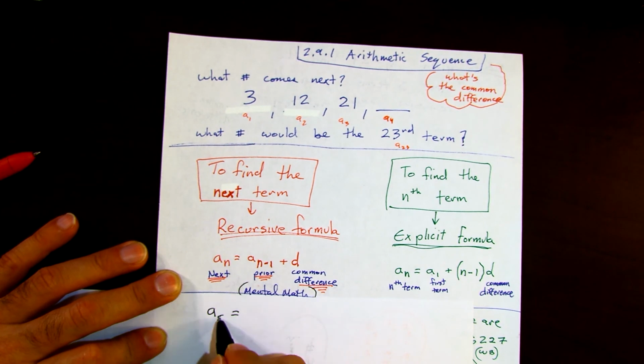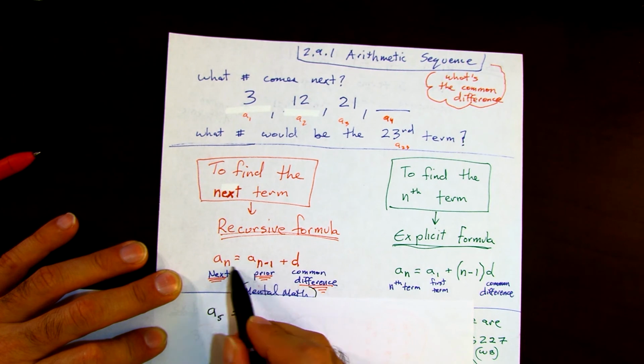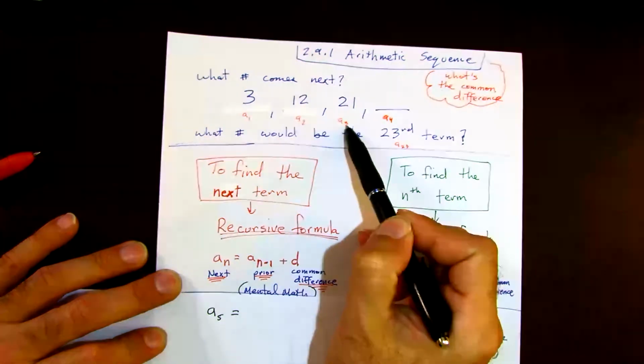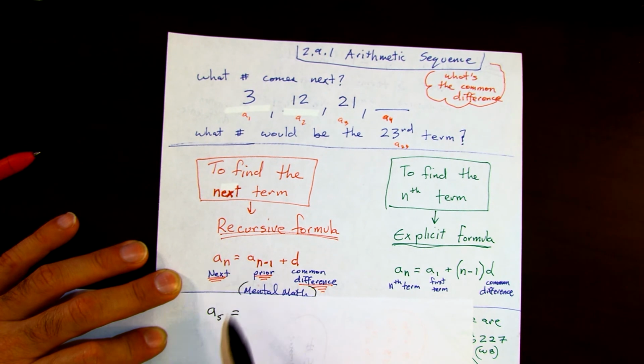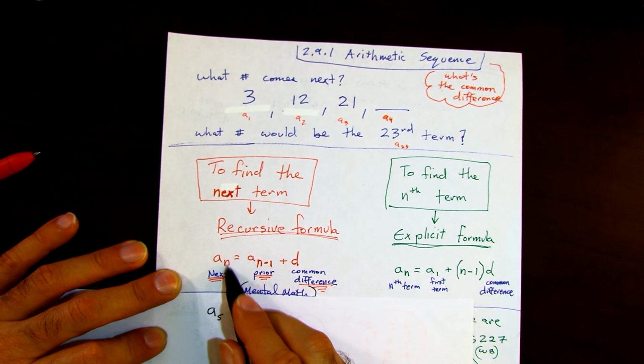So what I see here is A sub 5 is equal to A sub n, where the n value is the term number. Term 1, term 2, term 3, term 4. So A sub n, it's a little lower, sub n. If I'm looking for the fifth one, then over here I need to go A sub 5 minus 1, because n is 5.